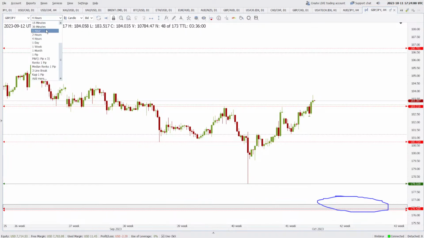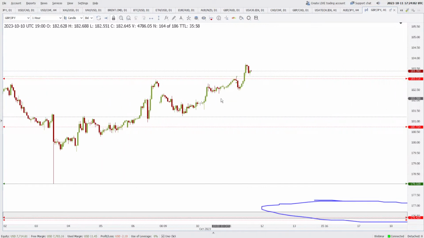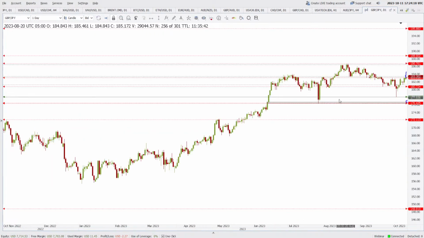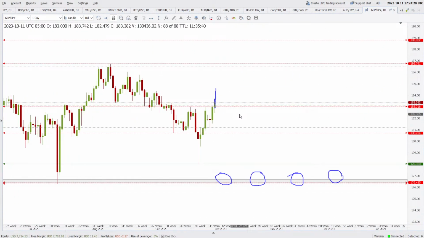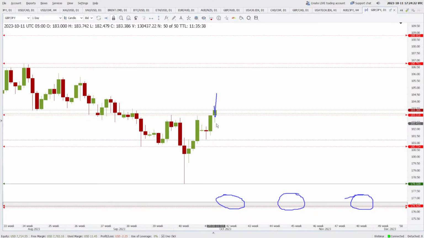If the price finds good support around this level, 183, I mean, if it comes back and then starts going up, then I think the level of 186.76 is possible.